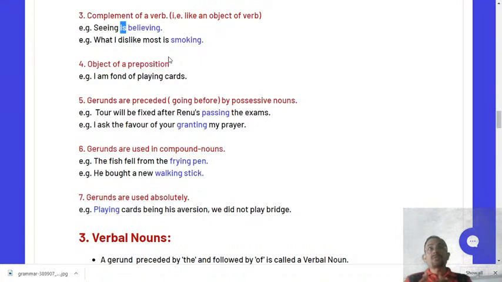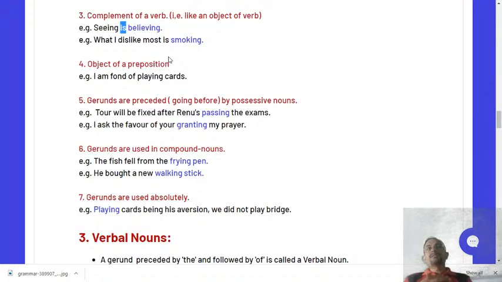Why stationary verbs? Because they do not show any kind of action. But on the other hand, if I say come, go, dance, feel, watch, then sleep, read, write, fight, play, these represent action. Therefore they are called action verbs.